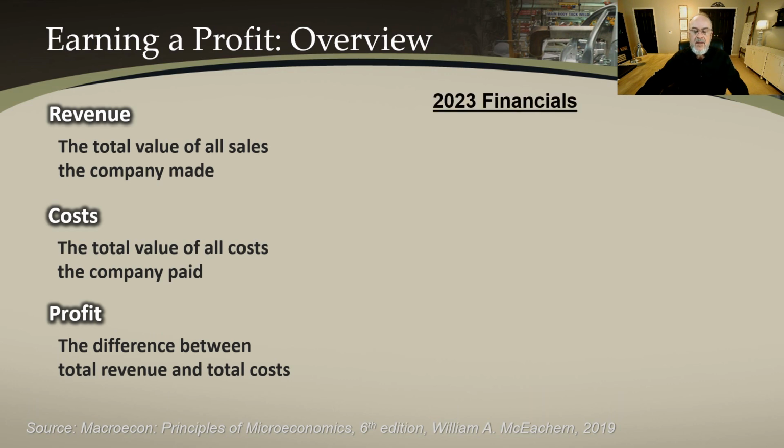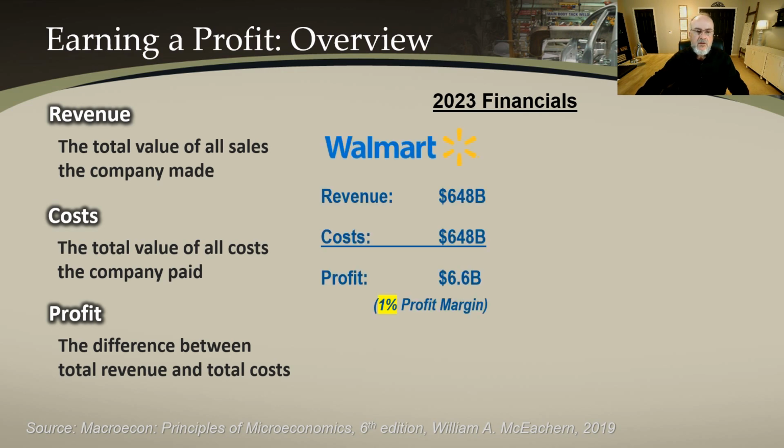Let's take a look at a couple of companies here and just kind of see what costs and revenue and profit look like in some big companies. This is Walmart in 2023. They had $648 billion in revenue. And people come along and say, oh my goodness, look how rich Walmart is. But look at its costs. Its costs were about 641 billion.